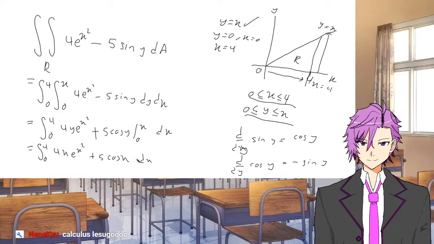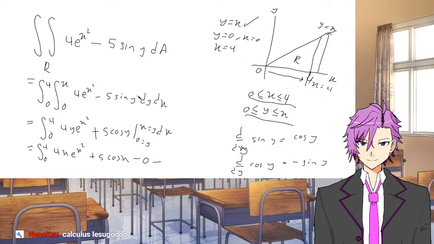So if we do 0 minus, y equals 0 over here, this will be 0 minus 5 cosine 0.